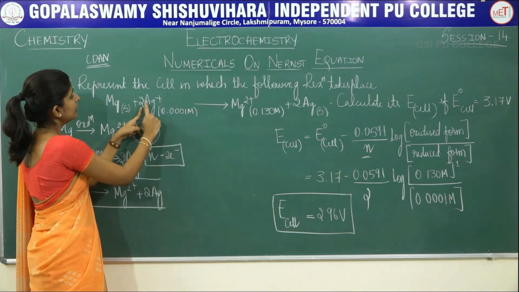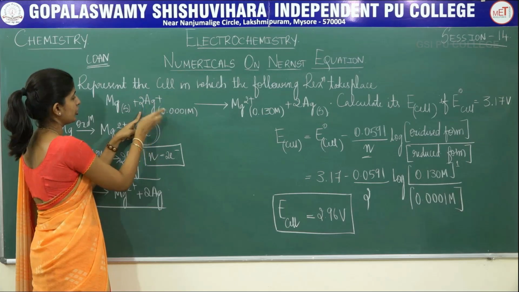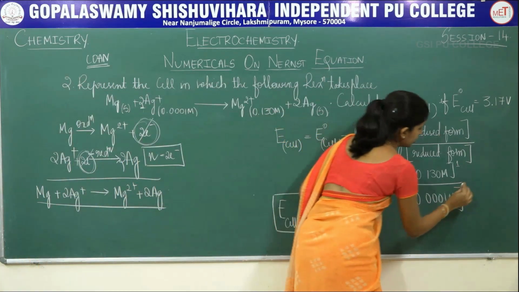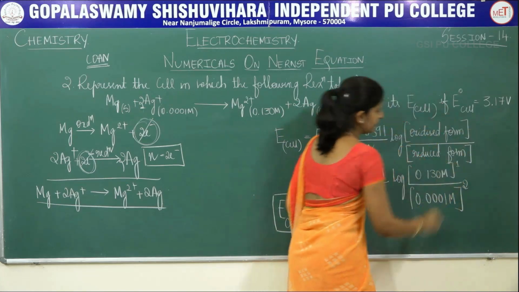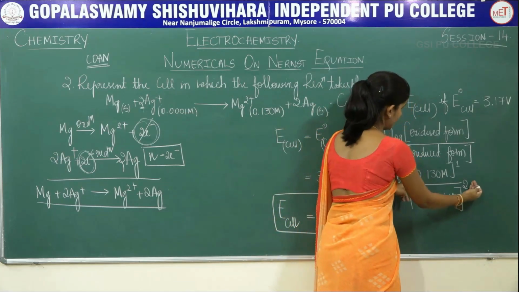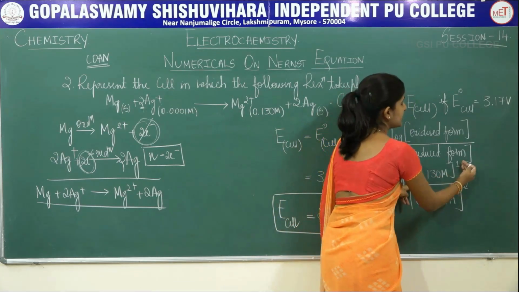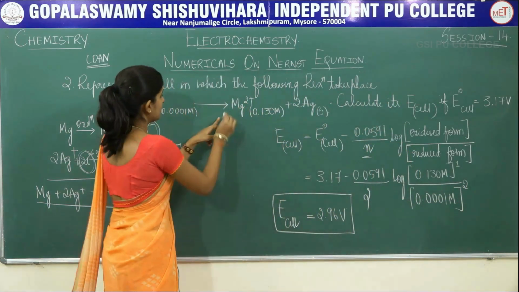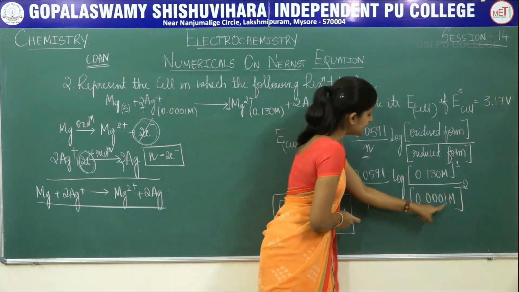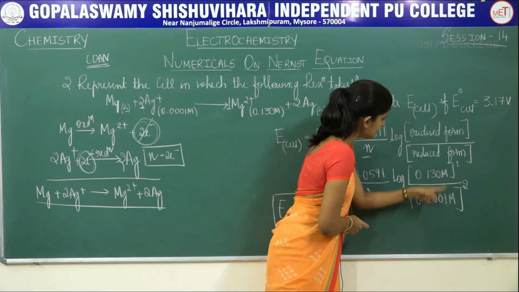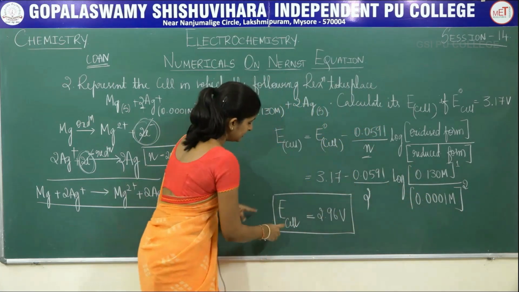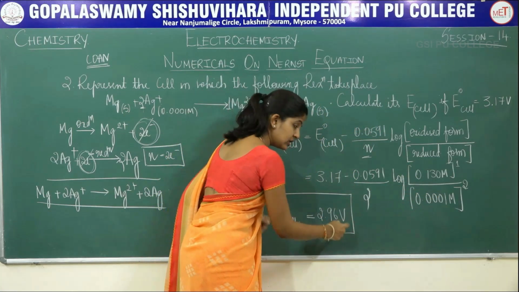Here Ag+ has a stoichiometric coefficient 2, so this molar concentration should be raised to the power of 2. That is 0.0001 molar squared, and 0.130 molar raised to the power of 1, because the coefficient of magnesium here is 1. After substituting, you make a square of this, divide this by this, take the log of that value, then E cell will be 2.96 volt.